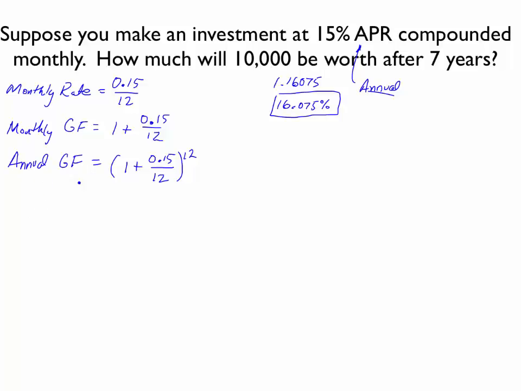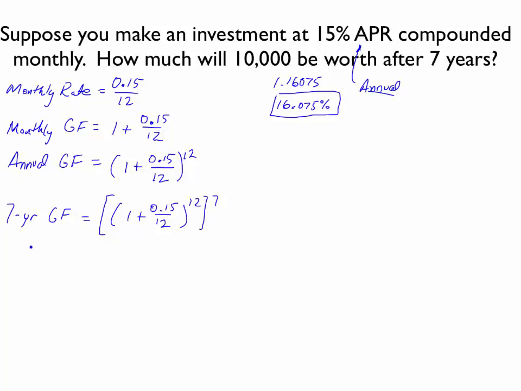I've got the annual growth factor, and over 7 years, you will have multiplied by the annual growth factor 7 times. So we're going to take that annual growth factor and keep multiplying it together 7 times, and that's our 7-year growth factor.